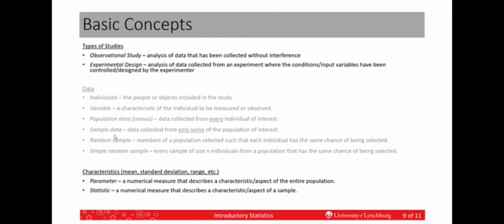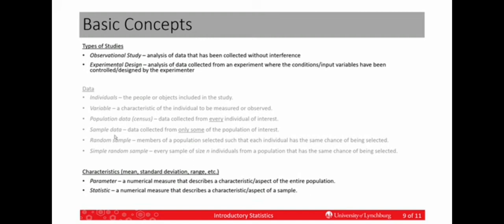Now, when we want to measure something about a population, we may be interested in, say, the mean lengths of fireflies. And a mean is the same as an average. If I'm interested in this population and I want to know what the mean of some value of the population is, that's a parameter.